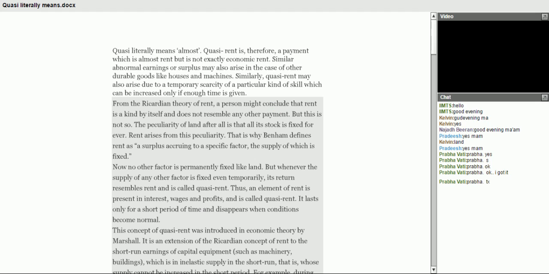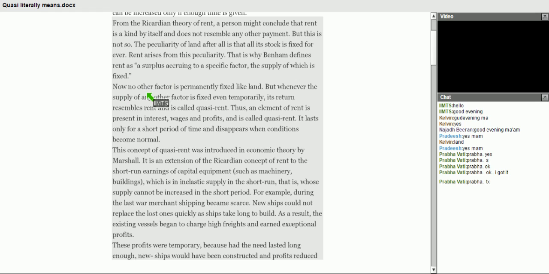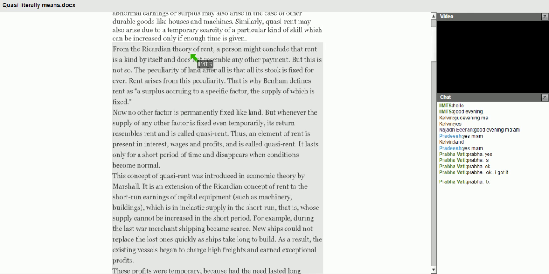Now we will discuss this very briefly. We are talking from the Ricardian theory of rent.